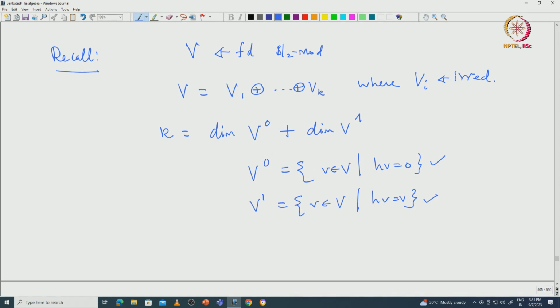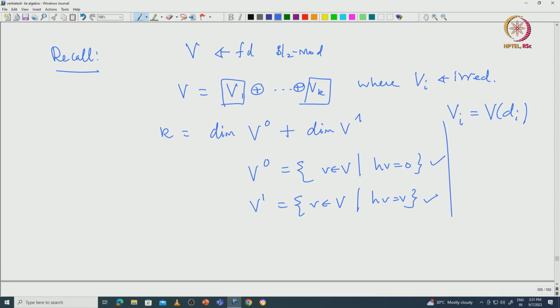So, if you compute the irreducible decomposition of this capital V, then we know that it will be written as a direct sum of irreducible modules, and each irreducible module will be isomorphic to some V of di. But we know all the H weights of V of di.